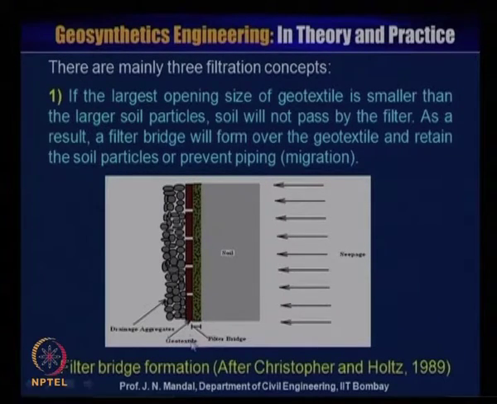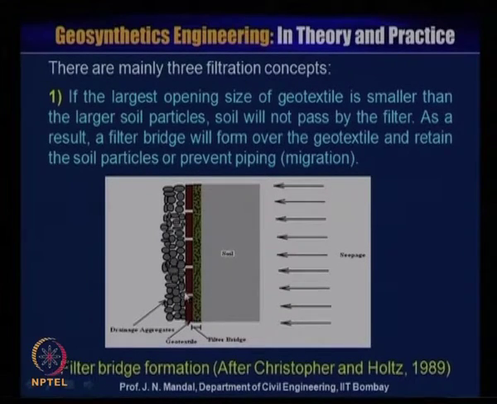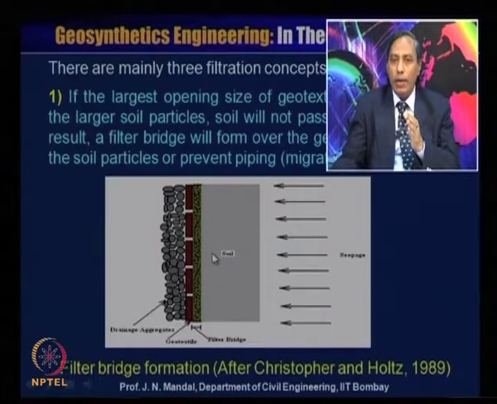You can see here the filter bridge is formed. This is the geotextile material, and the filter bridge will form over the geotextile and retain the soil particles or prevent piping or migration. This is the drainage aggregate, with seepage on this. This is the soil.